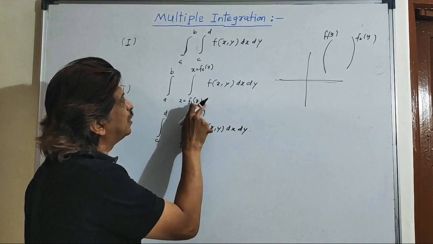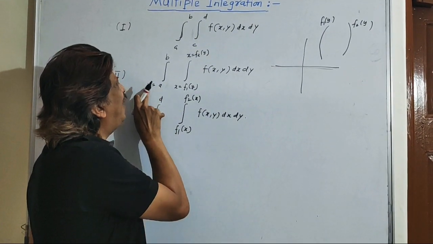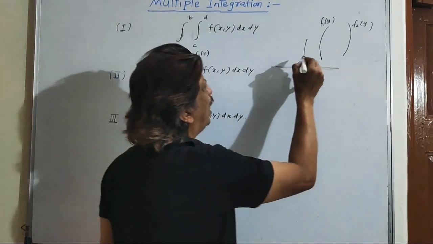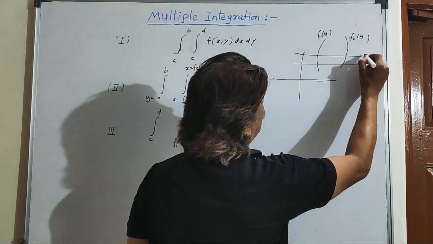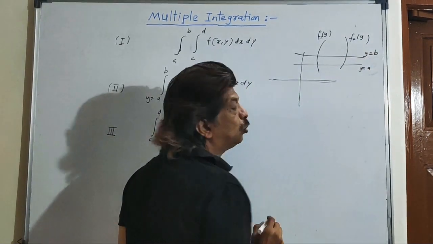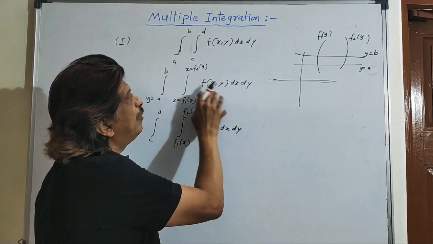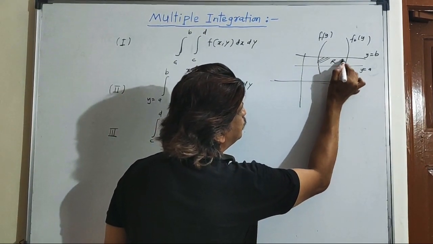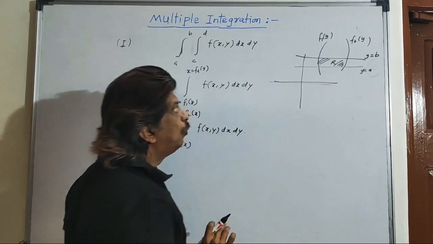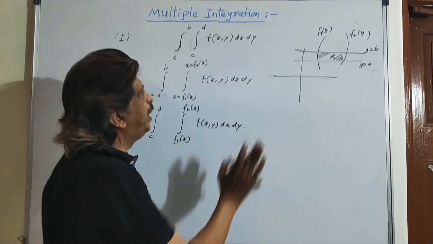These are the limits of x, and y varies from y equal to a to y equal to b. So we wish to integrate f of x y over this plane region.